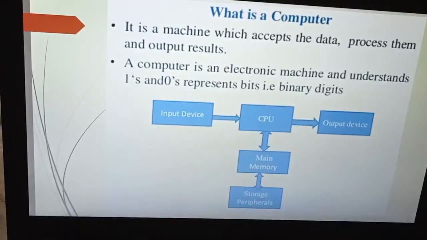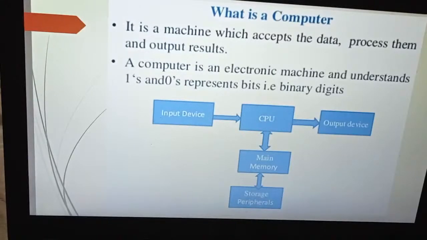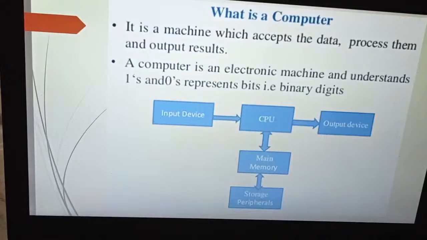What is a computer? It is a machine which accepts data, processes it and sends that processed information to the output devices as a result.